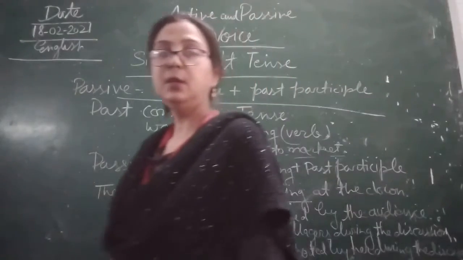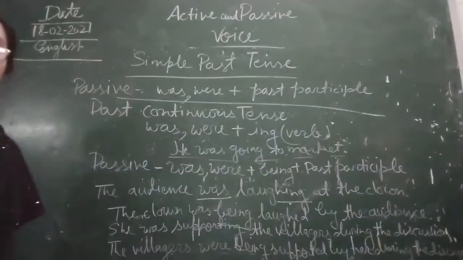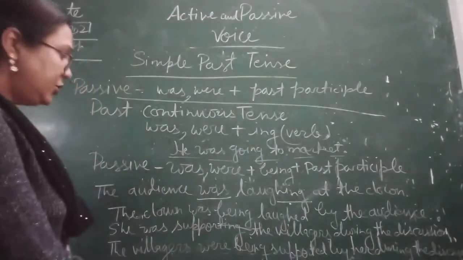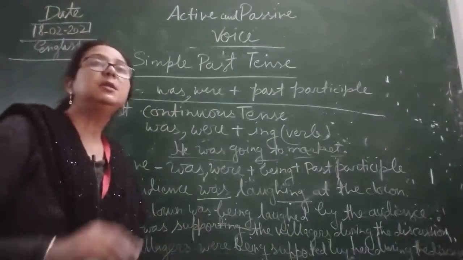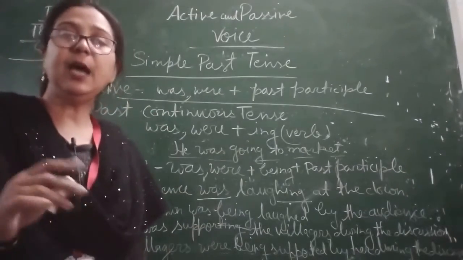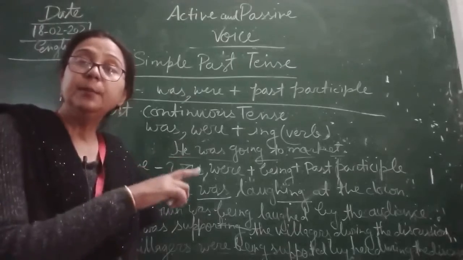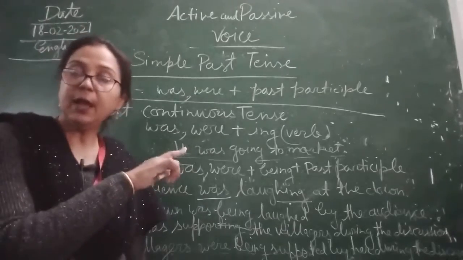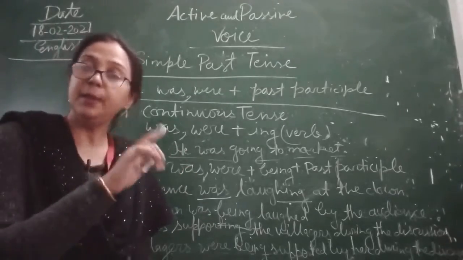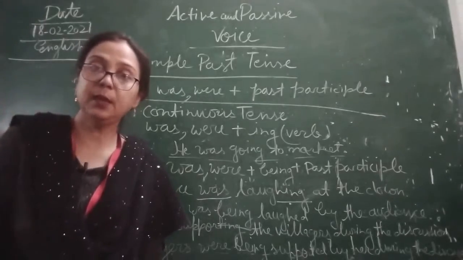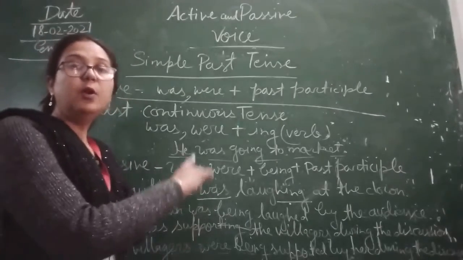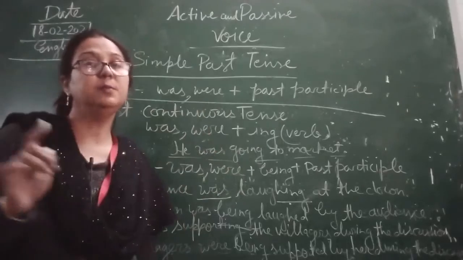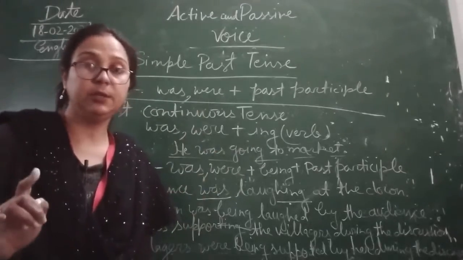Okay children, this is the next example for you. Pay attention, because it is similar to what we have done in the present continuous. There we used is/am/are plus being plus past participle. Here we are using was/were plus being plus past participle. No changes, children.